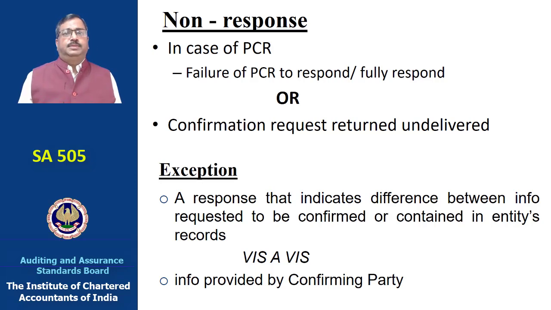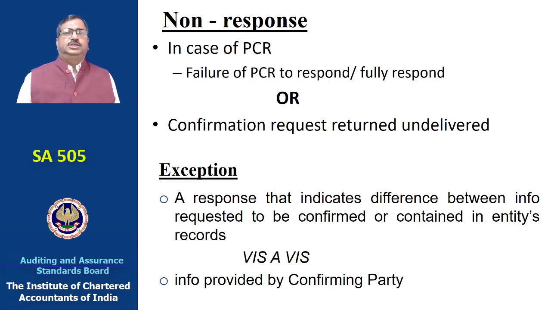The auditor may suitably adopt some alternative procedure to verify such transactions, so that he can satisfy himself whether the transactions shown in the books of the auditee are correct or not. When we receive the confirmations, then we find certain exceptions or mismatches.